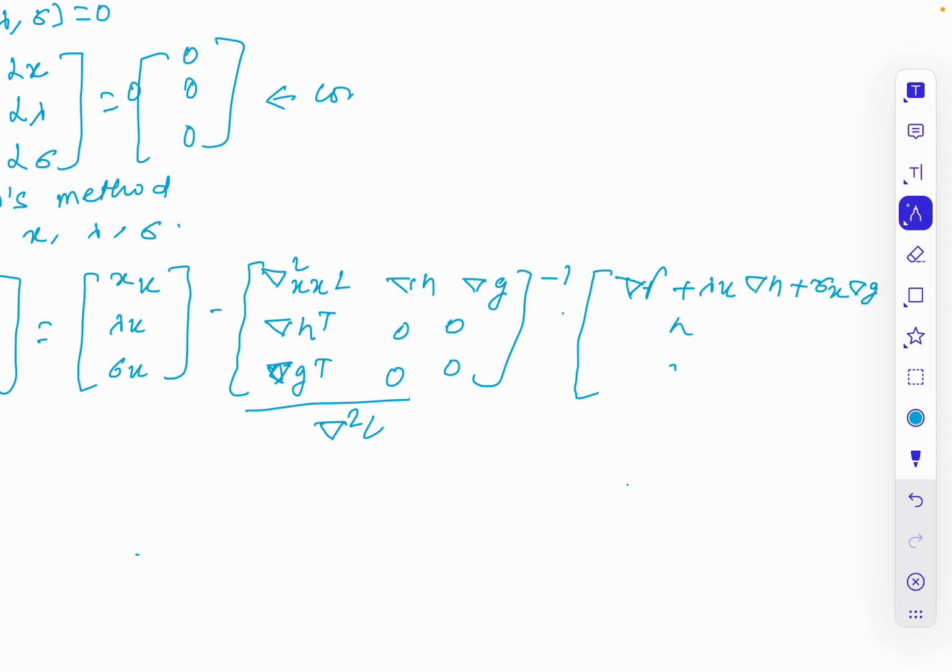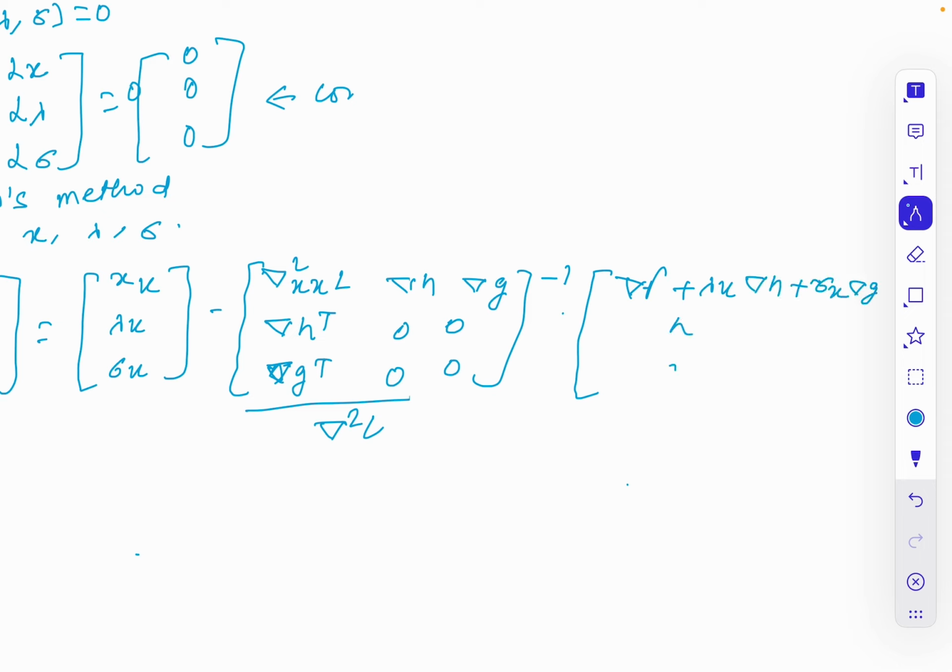If you have only one variable, this Hessian matrix will be d2L divided by dx square. But if you have multiple variables, for example in our case let us say we have a two asset case, so w1 and w2 would be what we need to find out.